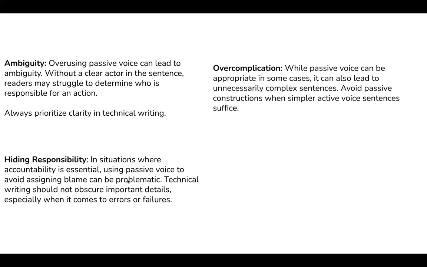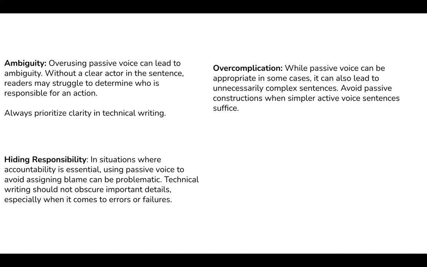Then hiding responsibility. In situations where accountability is essential and important, using passive voice to avoid assigning blame can be problematic. I mentioned earlier that maybe you want to write a report to the major stakeholders in your company and you might want to omit the team that made mistakes or caused problems.